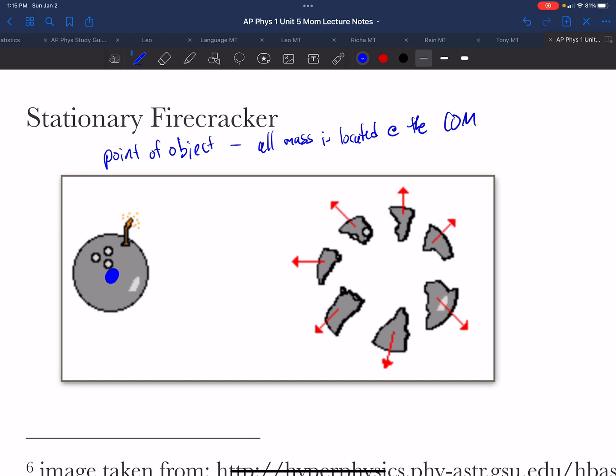So we could replace this bomb with just this point where all the mass is. Now, we might say this bomb is sitting there and the velocity is 0. That's the center of mass. When this bomb flies apart, the center of mass will remain in the same spot.